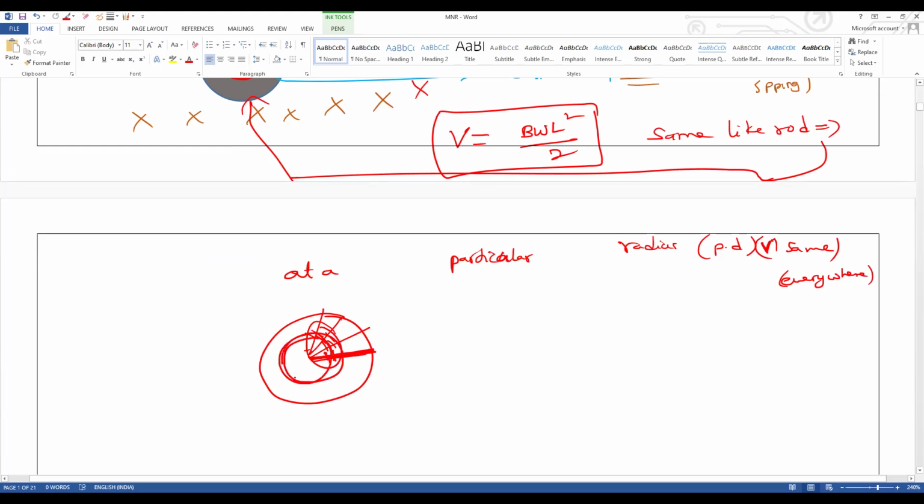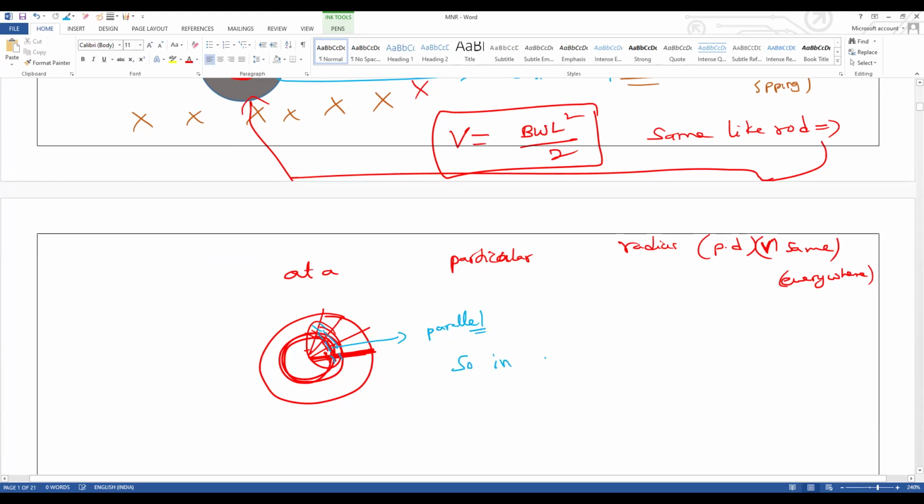The potential difference remains the same. Do you understand everyone? So imagine the tiny batteries that I have drawn here. All the batteries are connected in what connection? Parallel connection.